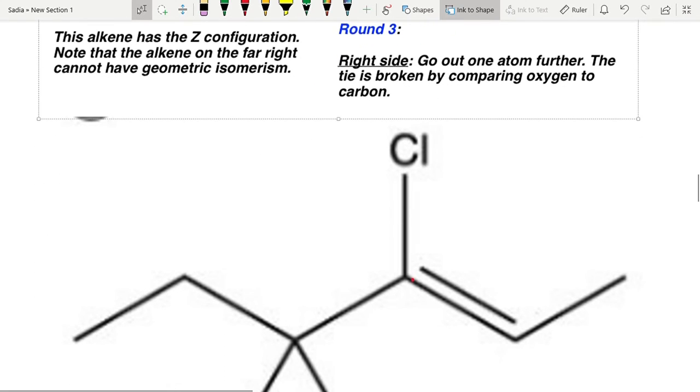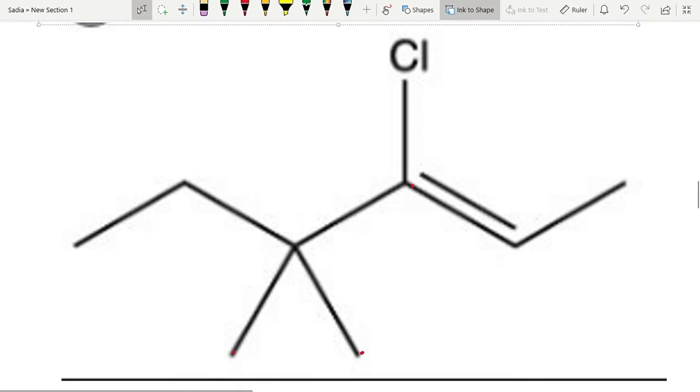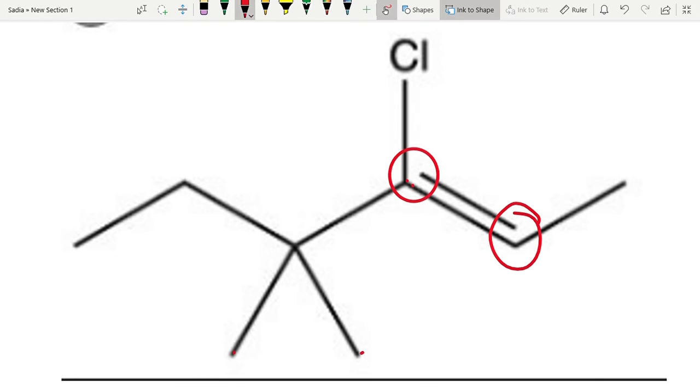Now if we look at another example over here, this one, we're going to consider this carbon atom, this one and this one. We're going to look at what groups are binded on both sides of these two carbon atoms. For this carbon atom, we have carbon over here and hydrogen over here.